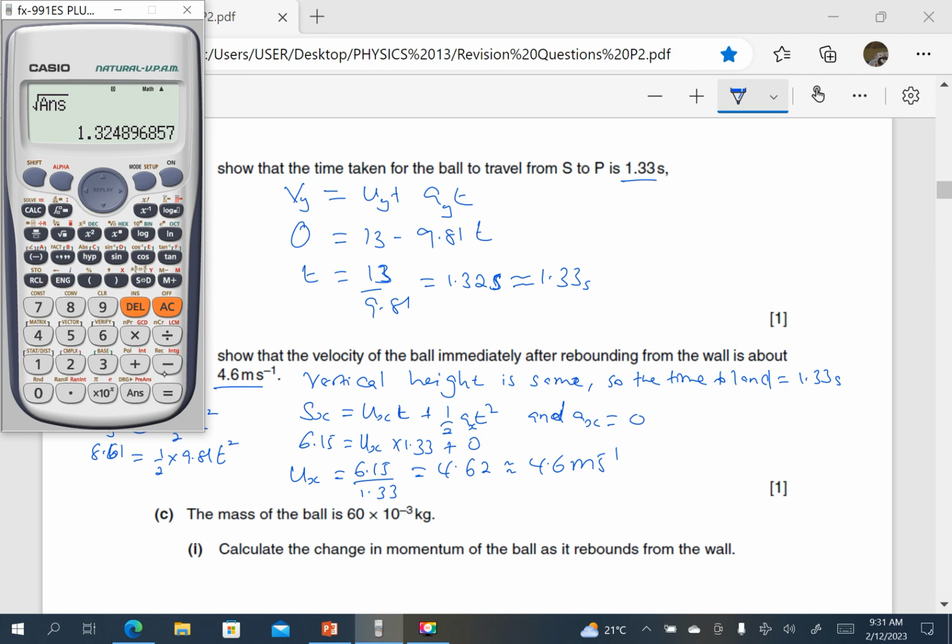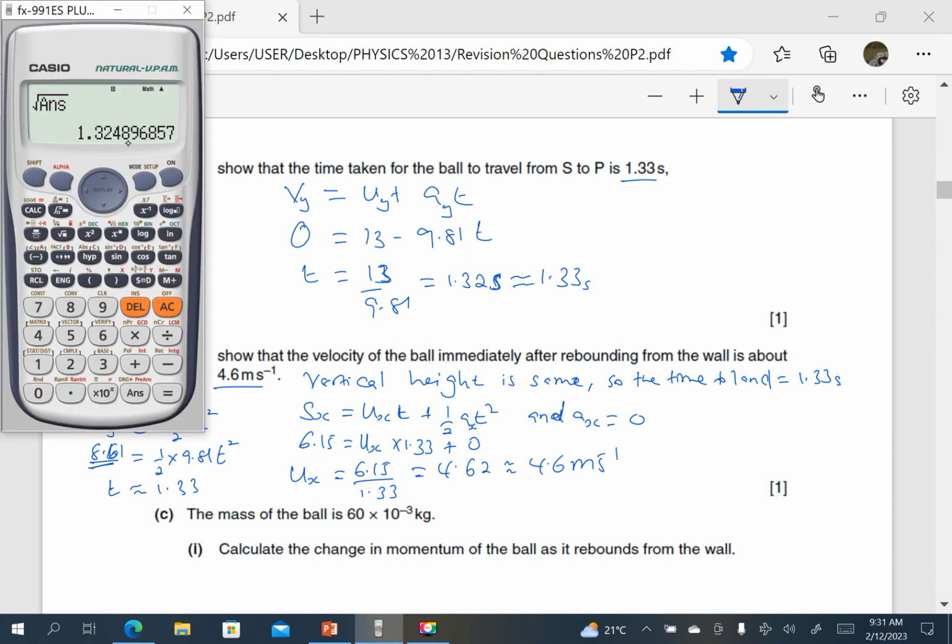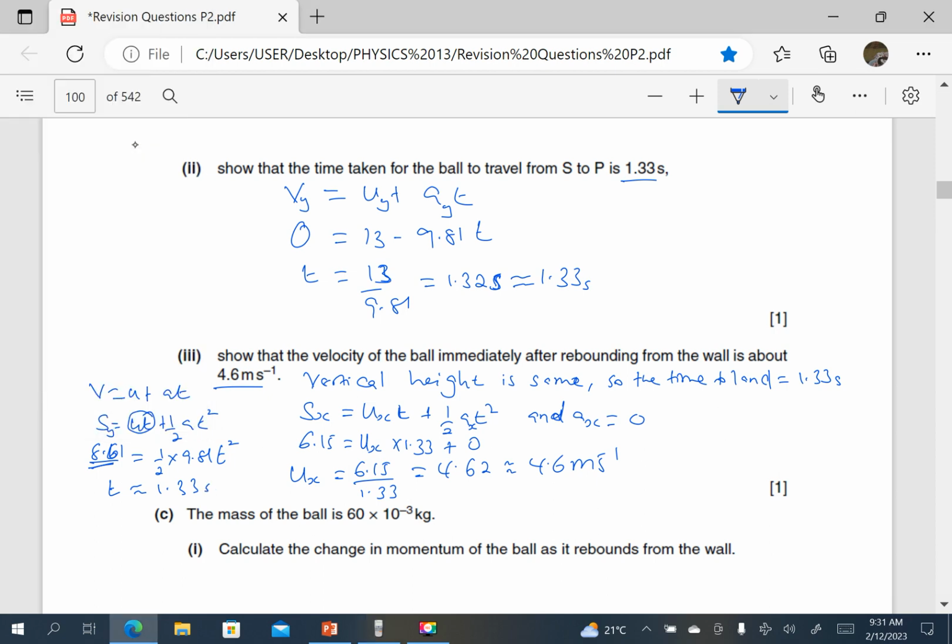It's only because S in the Y, the height, was already rounded off, but the time is approximately the same, 1.33. If we use original values, it is going to be approximately the same. Remember, on rebounding, the initial velocity in the vertical is 0.